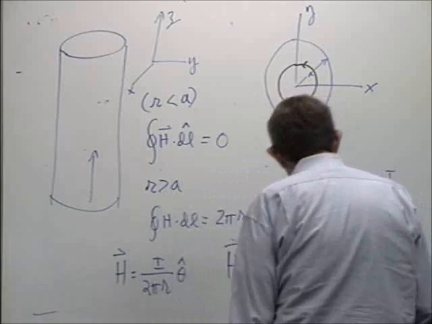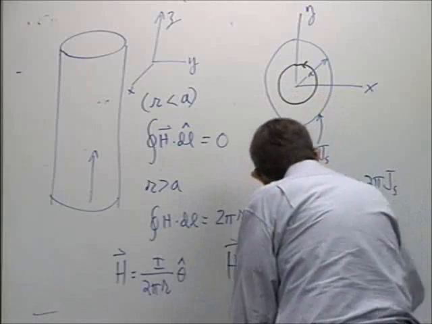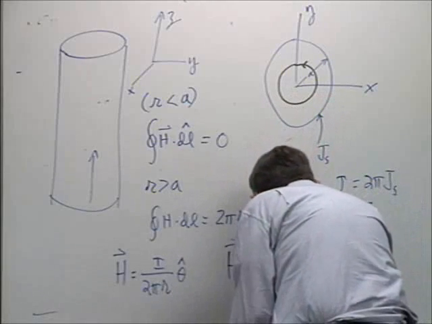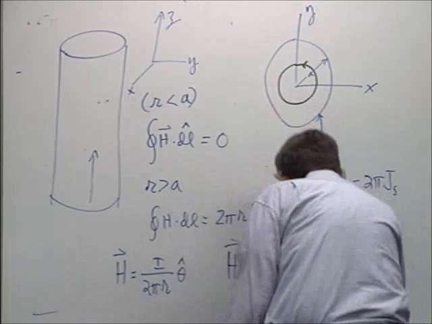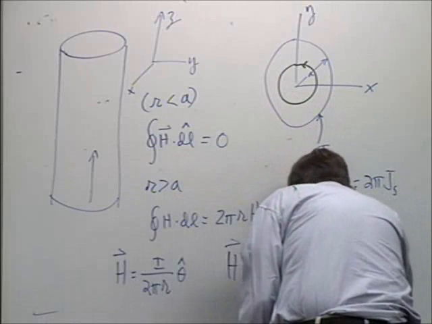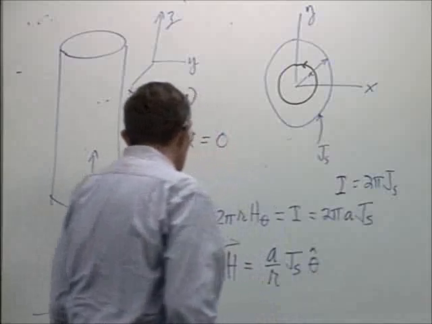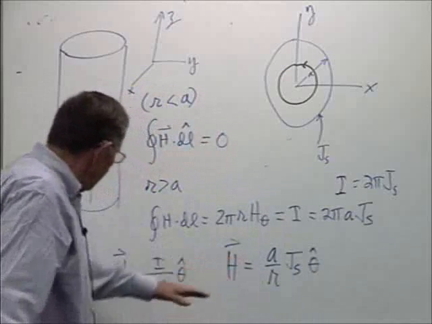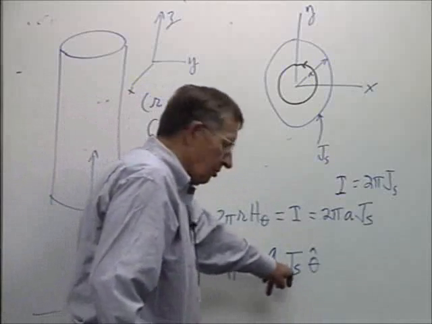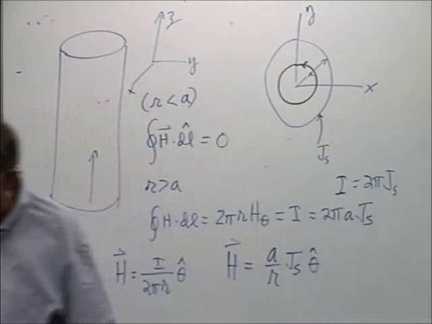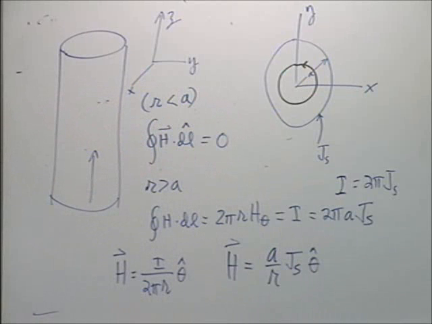I forgot the a. So this ends up being, if you do this, a over r. The 2 pi's cancel, JS in the theta direction. So you've got to be careful whether you have total current specified or just the surface current density specified.